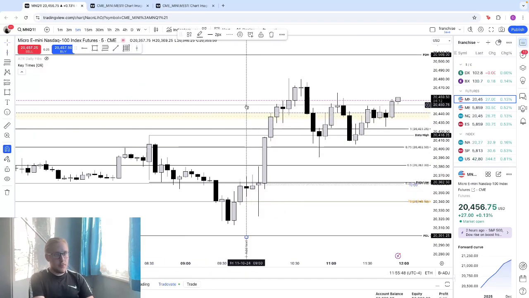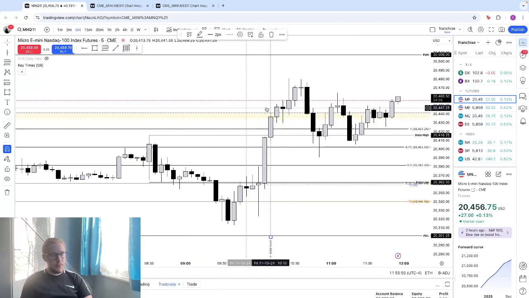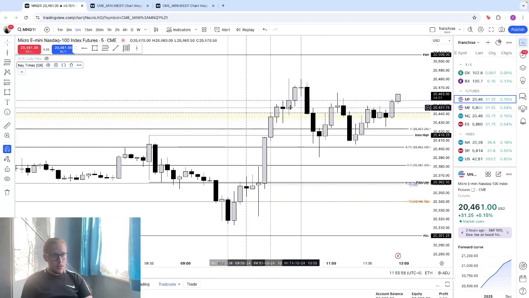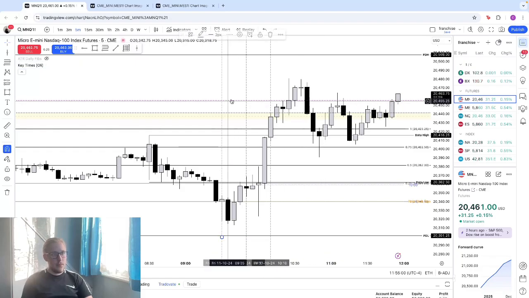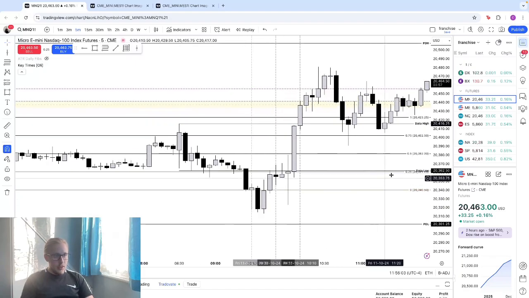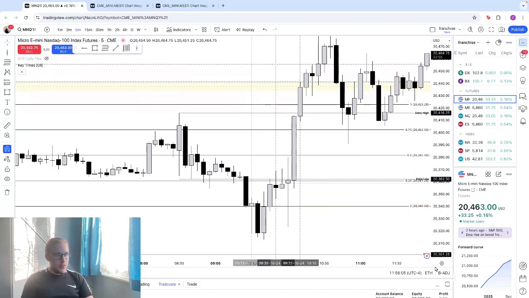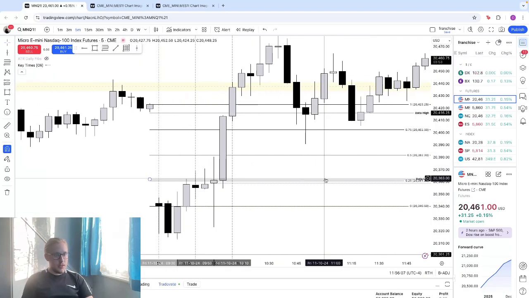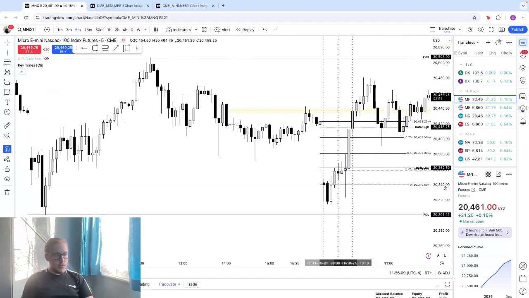So we'll mark our macros up. There we go. So, a bit messy, but it's okay. So, as you can see, we come close to previous day low.